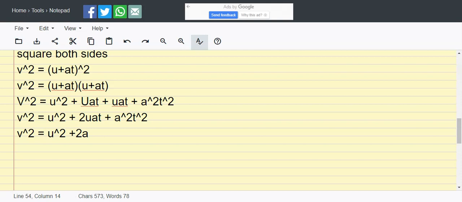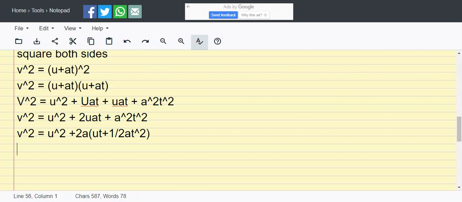What is common between these two? That is 2a. So 2a times ut plus one over 2 at squared.